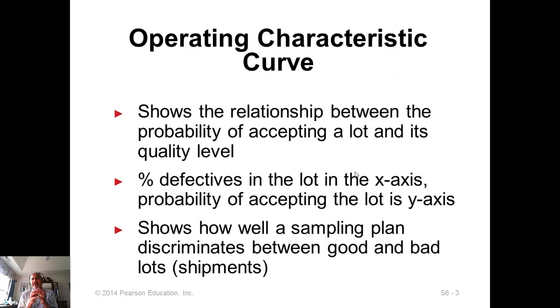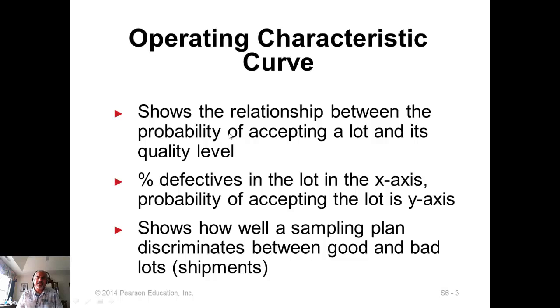To decide the values for n and C, we have to first understand what is called the operating characteristics curve for a given sampling plan. So once you have n and C, then you can develop an OC curve, operating characteristics curve. We don't know the n and C values yet, but let's try to understand what this OC curve is, and then we will go back to finding the correct n and C.